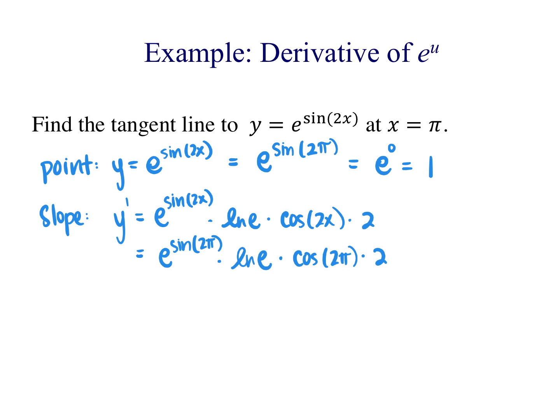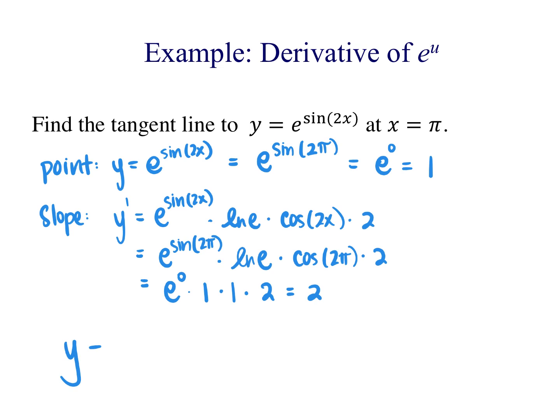So what is the sine of 2 pi? No, the sine of 2 pi is 0. So this is e to the 0. The natural log of e is 1. The cosine of 2 pi is 1 and then times 2. So we've got e to the 0 times 1 times 1 times 2, which is 2. All right, so there's my slope.